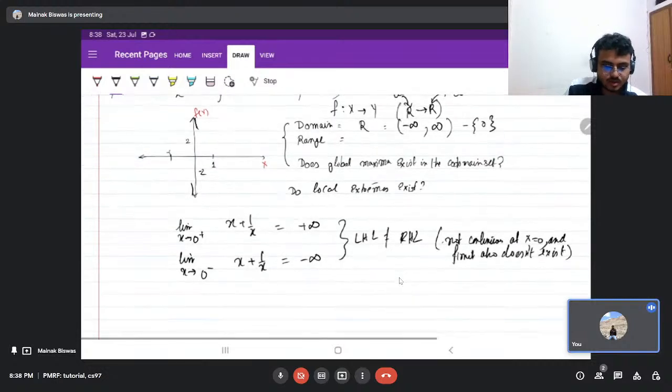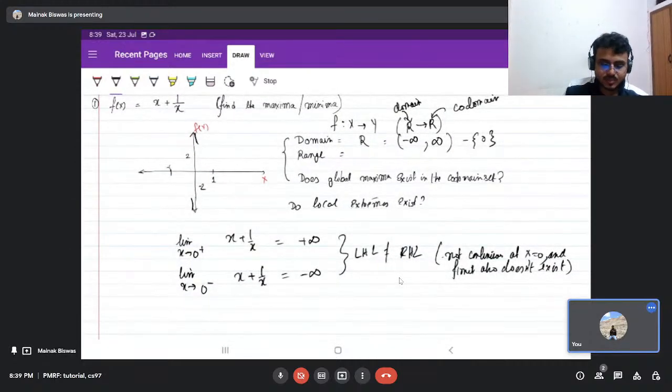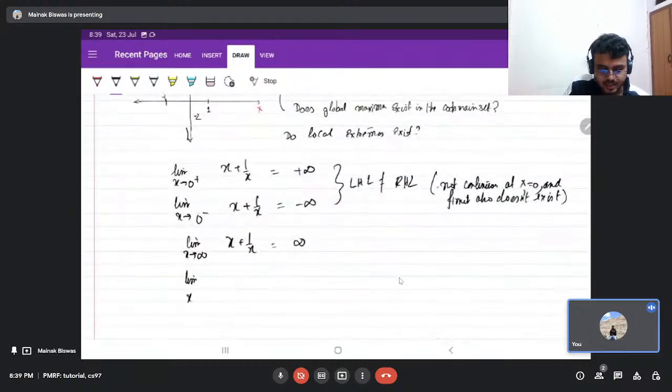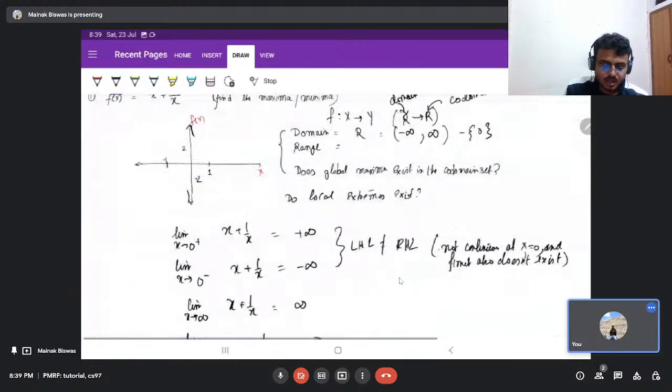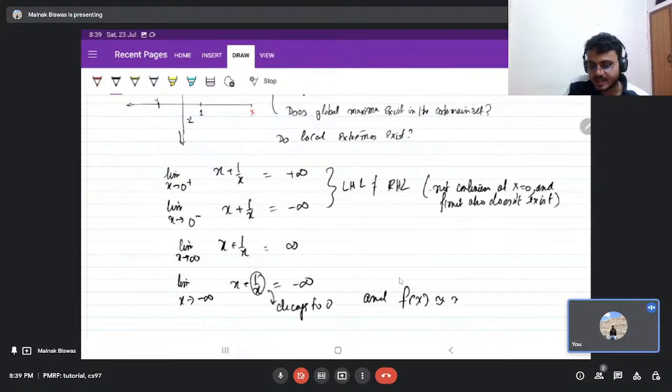So you can see one thing from here, that this function will be decreasing in some way, because as x tends to infinity, x plus 1 over x is infinity again, and as x tends to minus infinity, x plus 1 over x is minus infinity, because after a certain point 1 over x decays to 0, and f of x can be approximately said to be x.